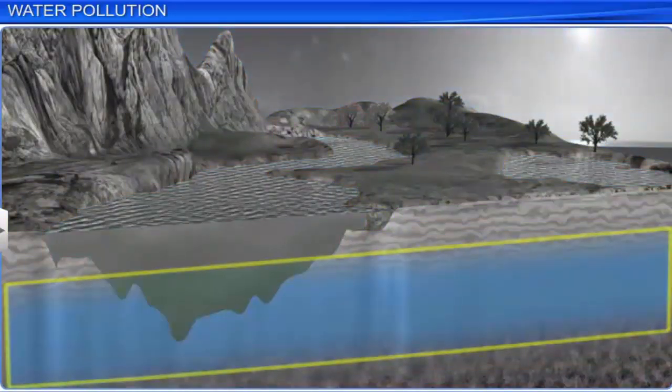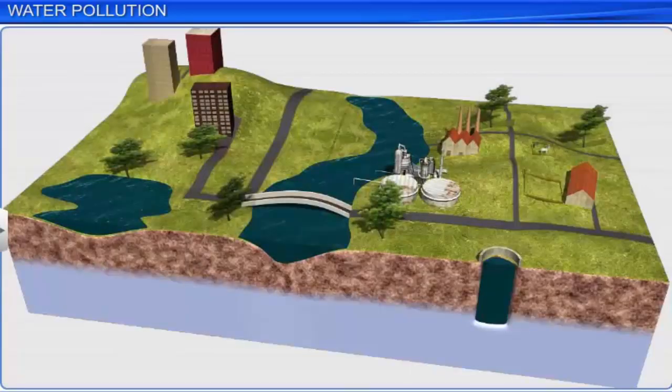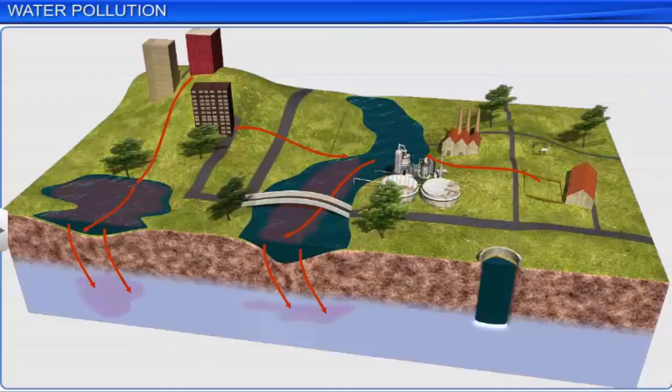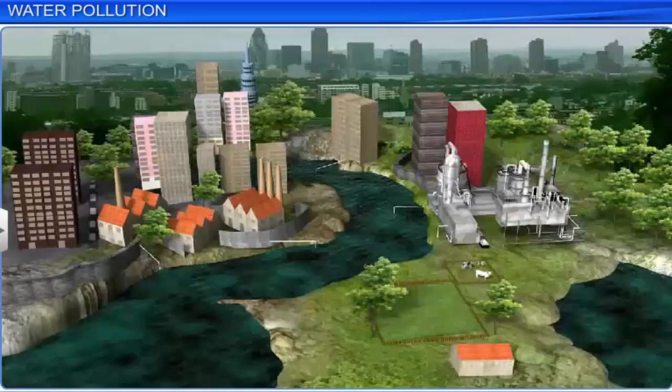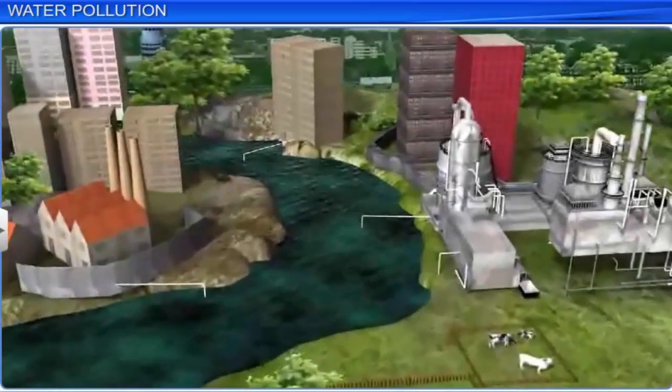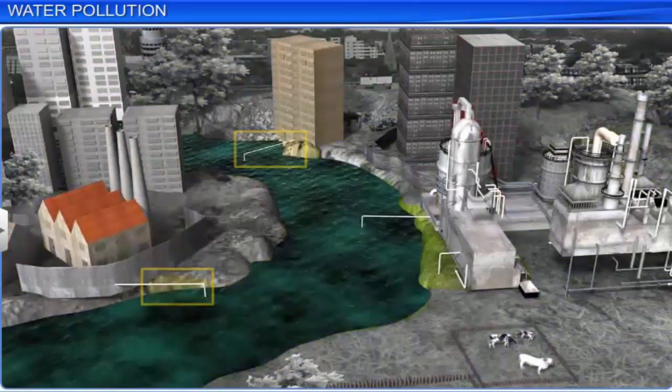Groundwater is a natural source of pure water. However, pollutants reach groundwater through different paths, like seepage and agricultural runoff, and contaminate it. Pollutants get added to water at two places: point sources and non-point sources. Point sources are the easily identifiable sources of pollution, such as municipal and industrial discharge pipes.